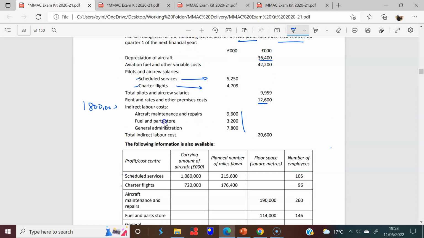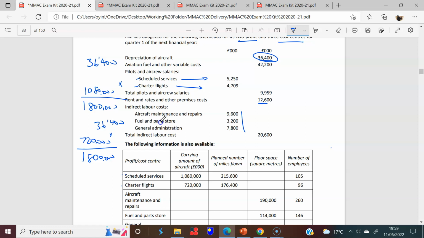So it means that for what percentage of this cost scheduled services will take, we are talking about 1,080,000 over that times, of course, 36,400, and of course the other one would be 720,000 over 1.8 million times 36,400. So let's do that very quickly.